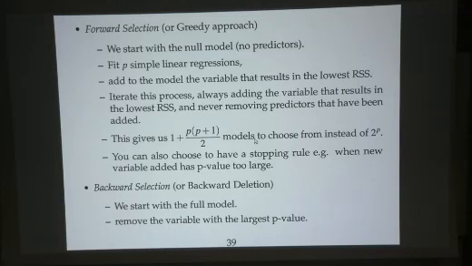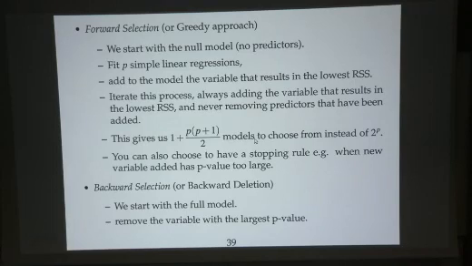Backward selection is the other way around. In forward selection, you start with a null model and gradually add the predictors. But in backward selection, you start with the full model. You say all my predictors are important, x1 up to xp. So TV, radio, and newspaper, all of them are important.